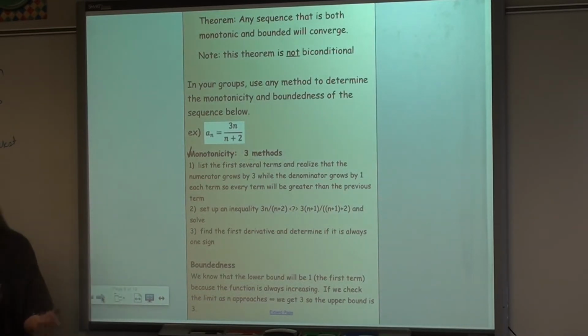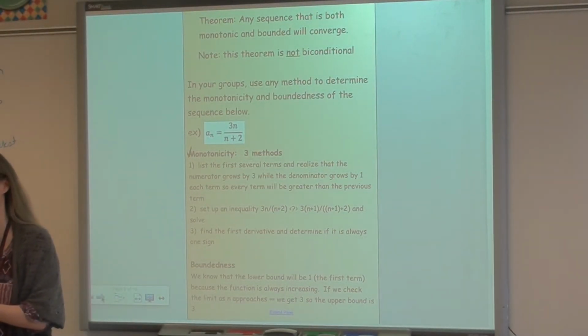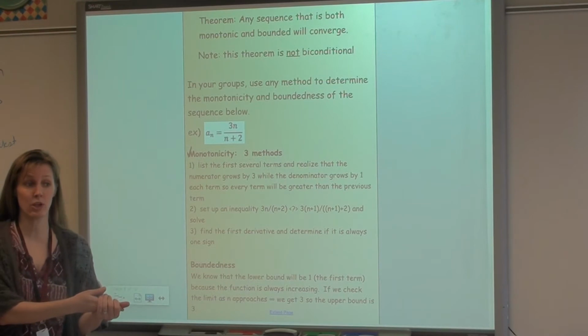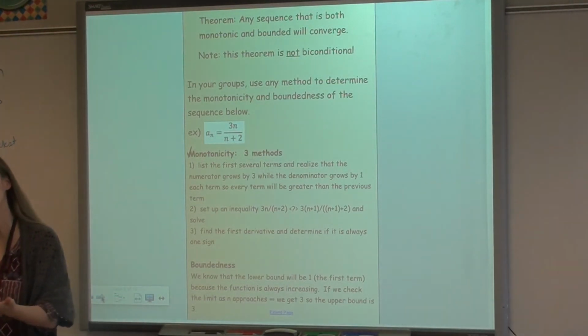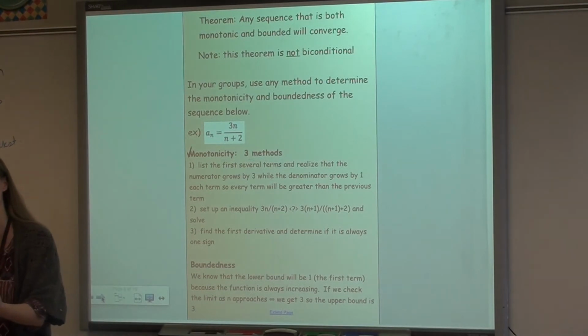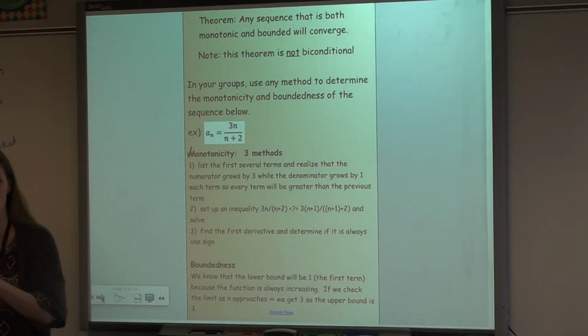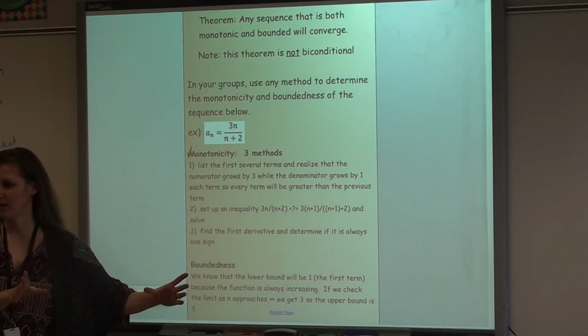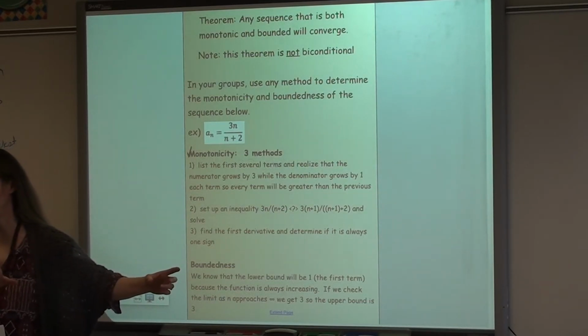So you can certainly have sequences that converge that are unbounded. You can have sequences that converge that are not monotonic. But if the sequence is both monotonic and bounded, it definitely converges. This is a squares and rectangles thing. All squares are rectangles. But you can certainly find other rectangles that are not squares, right?